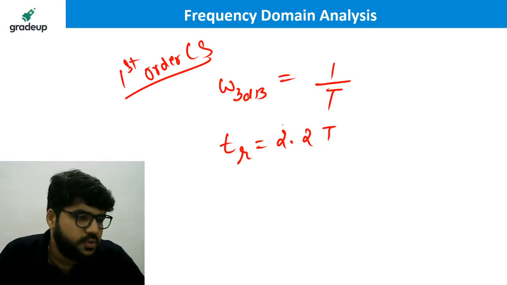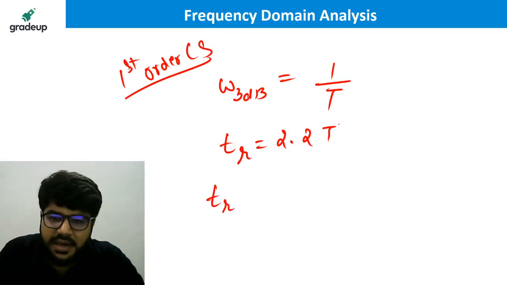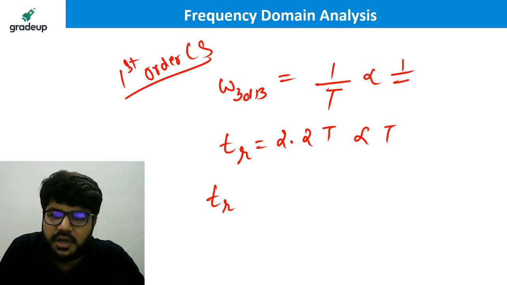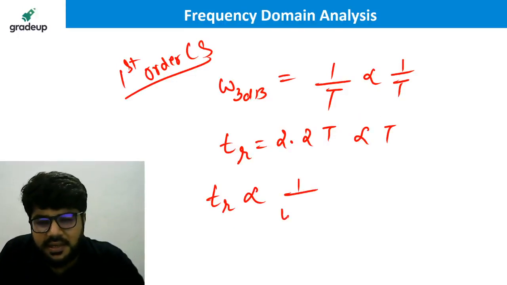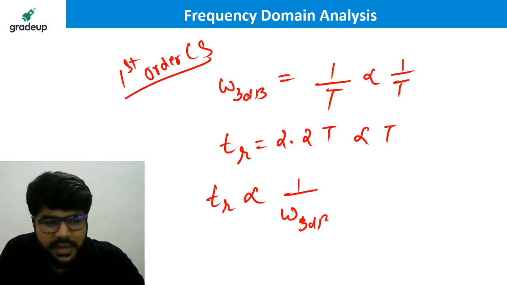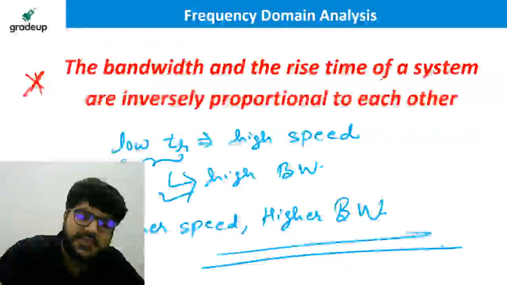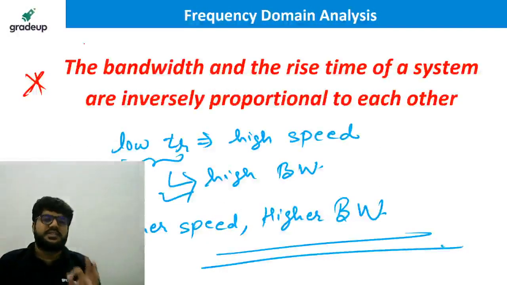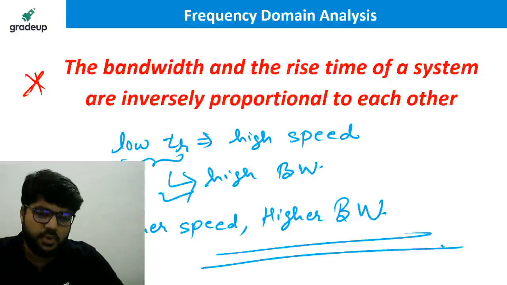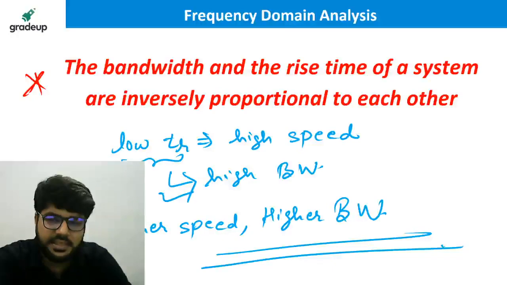Rise time is proportional to the time constant, and bandwidth is proportional to 1 upon the time constant. So rise time is inversely proportional to the bandwidth. That is the general statement I have given, not only for first order or second order. It is a general result that rise time and the bandwidth of a system are always inversely proportional to each other.